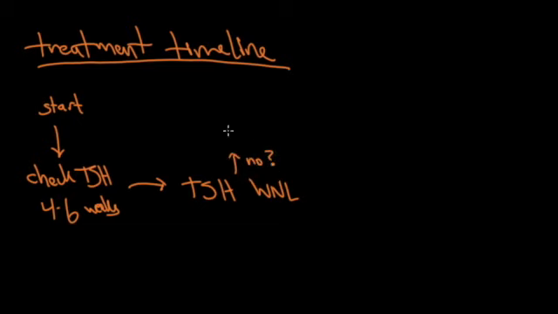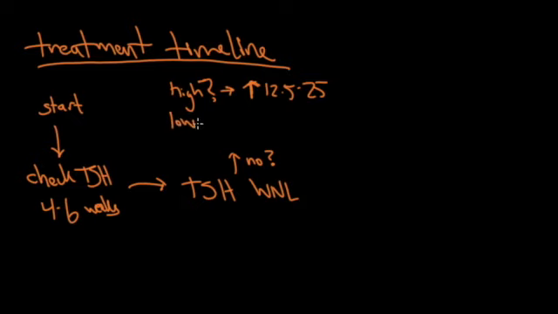Let's say that the TSH is a little too high. In this scenario, we're going to increase the dose because we need more effect from the levothyroxine. And we're going to increase it about 12.5 to 25 micrograms based on how high it was.